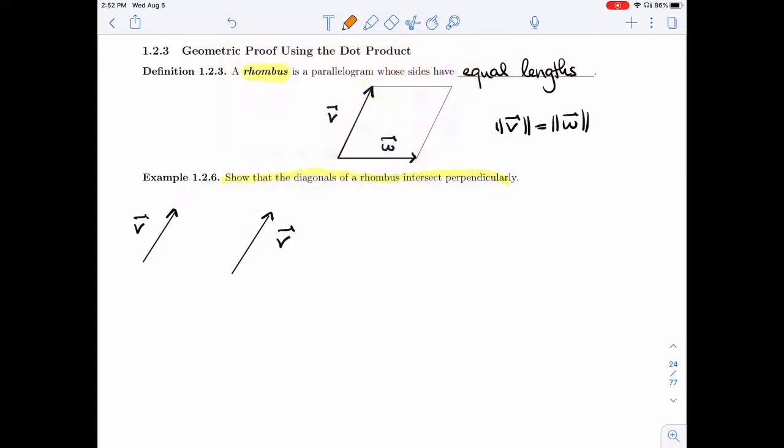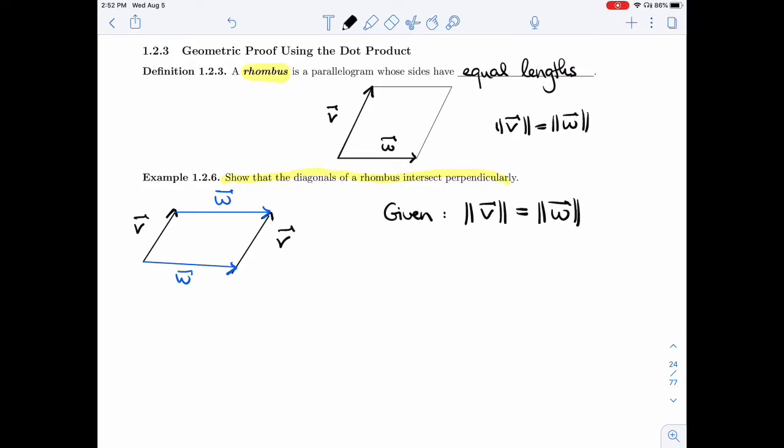Now let me use a different color, let me use blue. And then I have W here, and I have W here. All right, so what we're given, since it's a rhombus, is that the length of V is the same as the length of W.